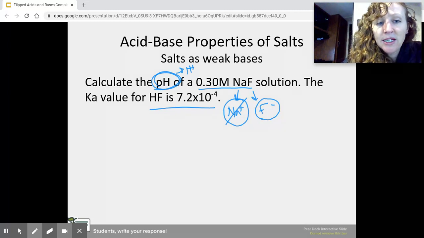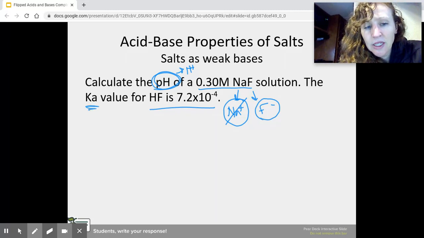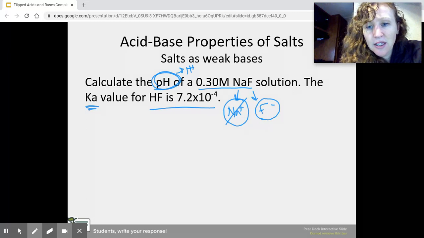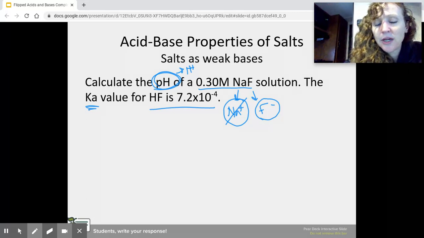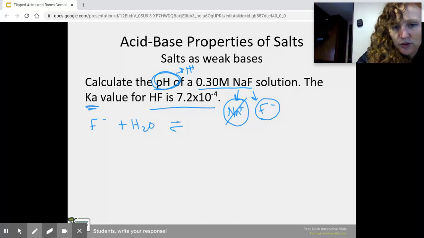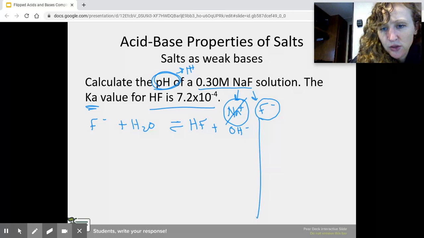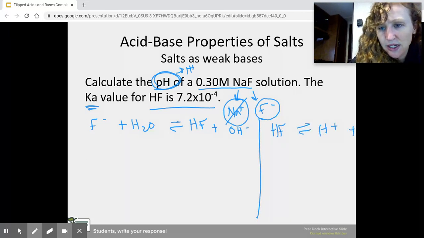reaction with F minus. Now they give me a Ka. I can write this reaction one of two ways. F minus plus H2O goes to HF plus OH minus. I could also write it as HF dissociating into H plus and F minus.